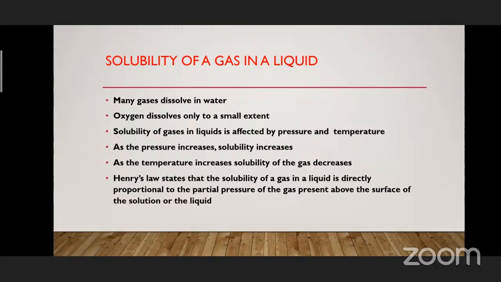As the temperature increases, the gases will move up, so the concentration of oxygen in the water decreases. When the concentration of oxygen decreases, that would affect the aquatic life. That is the reason why most of the aquatic organisms die in the small ponds and lakes.